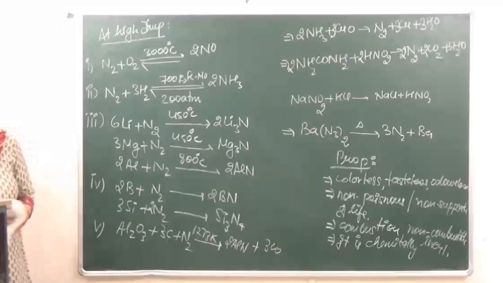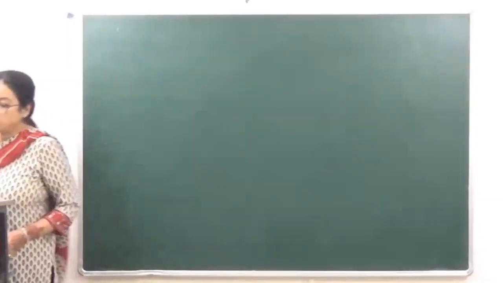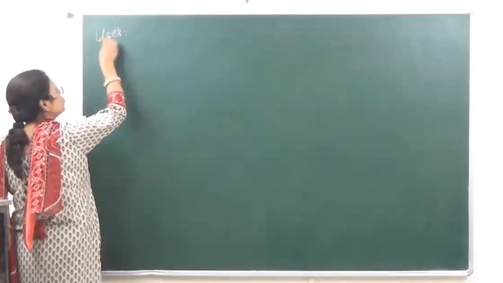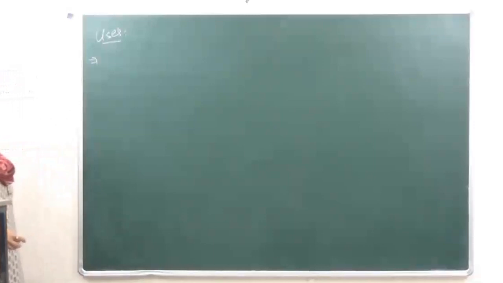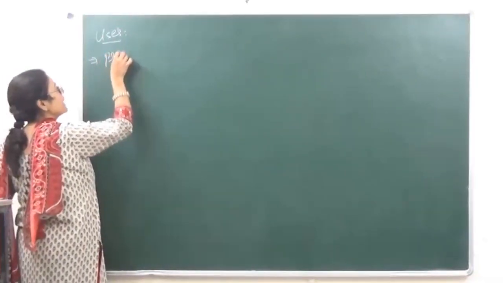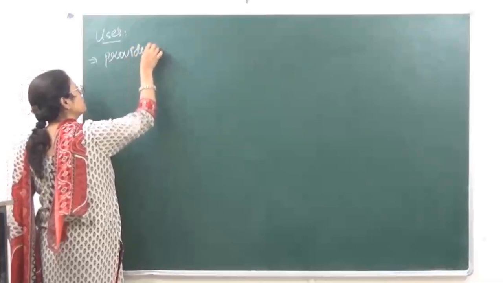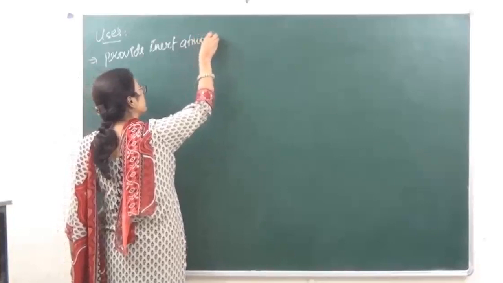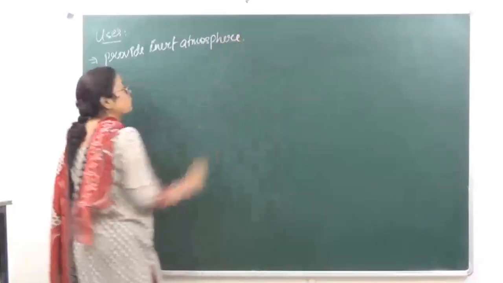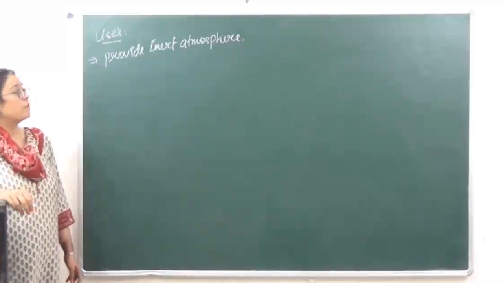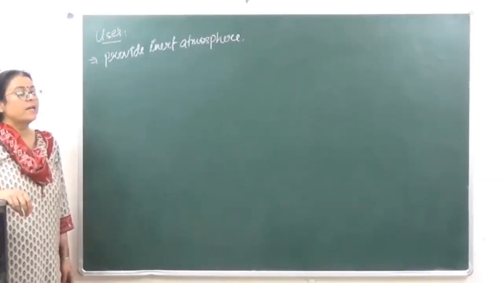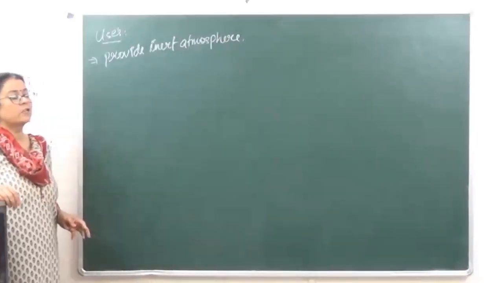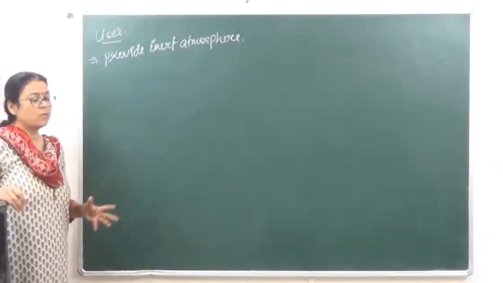Then we come to the uses of nitrogen. Let's go on to the uses of nitrogen. First and most important use of nitrogen is to provide an inert atmosphere for certain reactions. And one of the most common uses of nitrogen with respect to this inert atmosphere is the flushing of nitrogen in packets of chips. So you must have seen in the market जो chips के packet होते हैं वो काफी fluffy होते हैं, फूले हुए होते हैं.